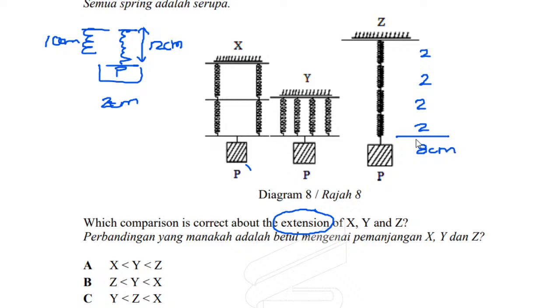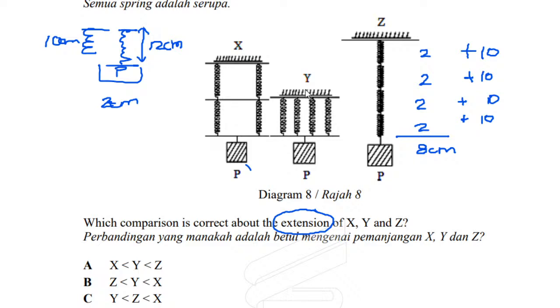But if the question asks you about the total length of spring Z, don't forget to plus 10, the initial length. So the total length of spring Z, when P is hung on it, will be 48. Okay, I'm talking about extension only, right? So we just look at 8 cm. Faham?